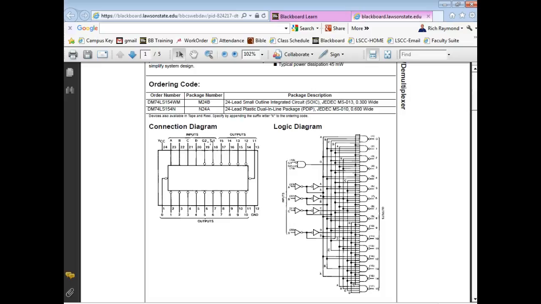Then I'm going to take the C input of my multiplexer and hook it to the C input here. I'm going to take the D input and connect it low, because we only have an ABCD output coming out of our multiplexer and an ABCD input on our decoder, so we don't want to select D all the time.